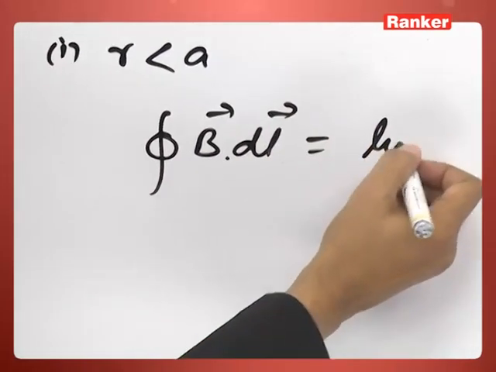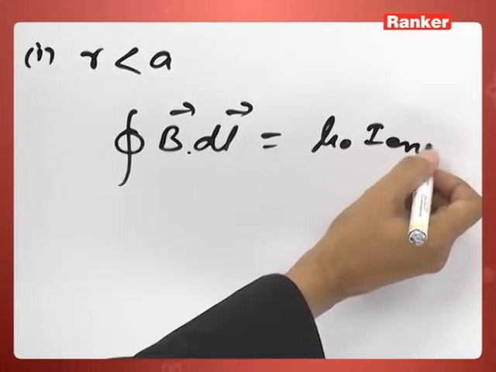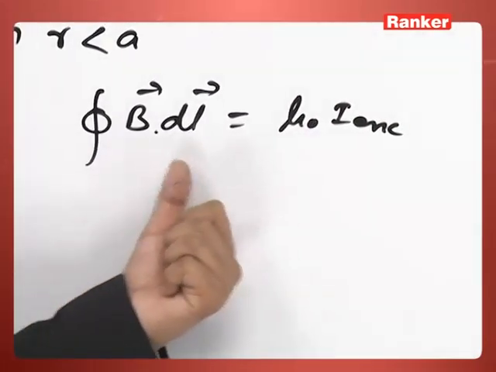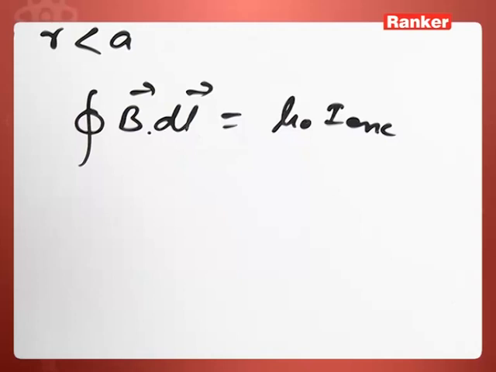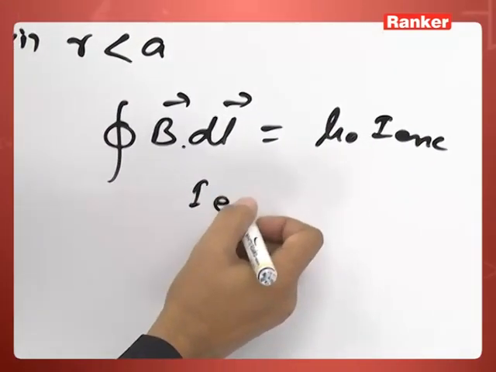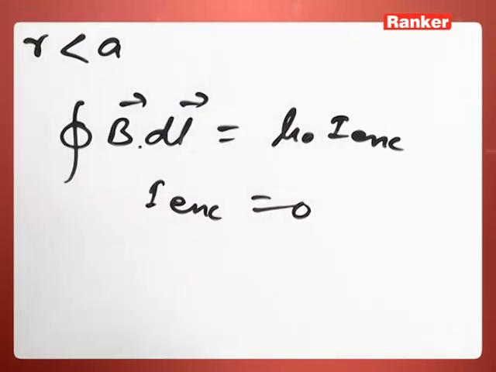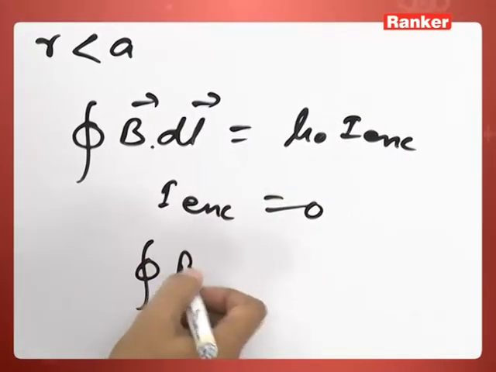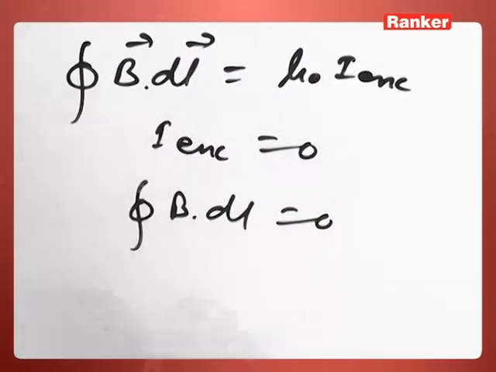So using Ampere's law, the integral of B dot dl equals mu naught I enclosed. I enclosed is 0, so the integral of B dot dl will be 0.